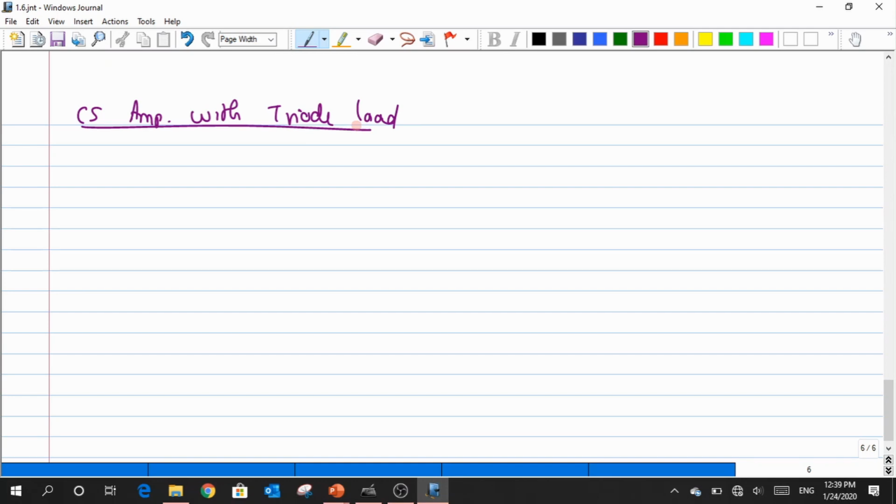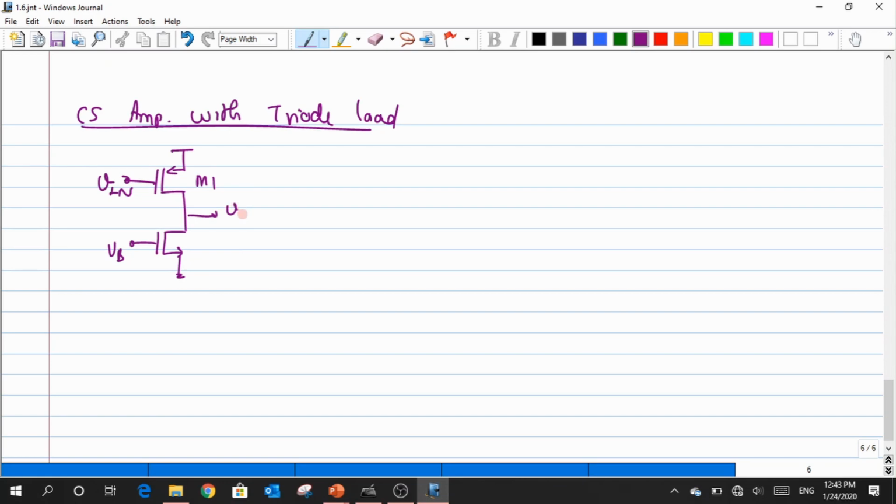Basically this circuit is included just for completeness, and nobody uses this kind of load for the circuit. Since it's not a circuitry that has been extensively used, I'll just go with an input device which is a PMOS. Let me take this one as my M1, and in the place of a load, I'll just use an NMOS.